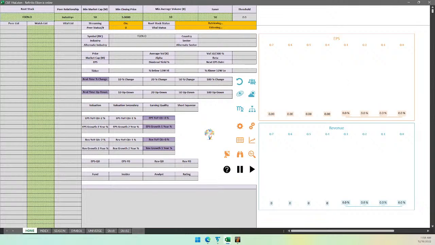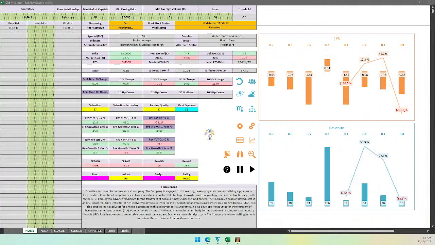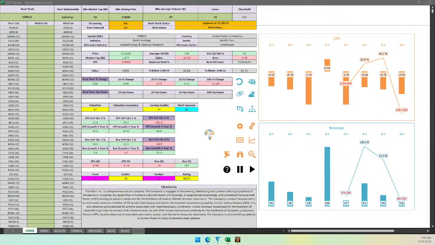Retrieving data from Zenith. This is FGen. Valuation is medium, negative earnings growth.